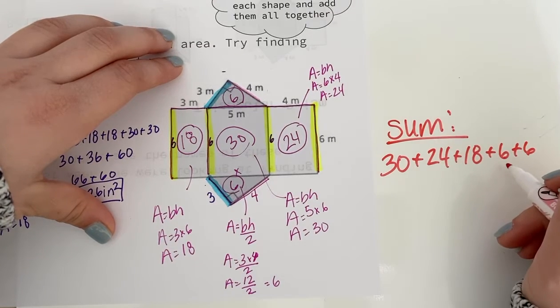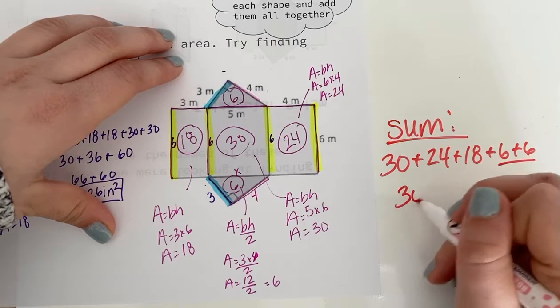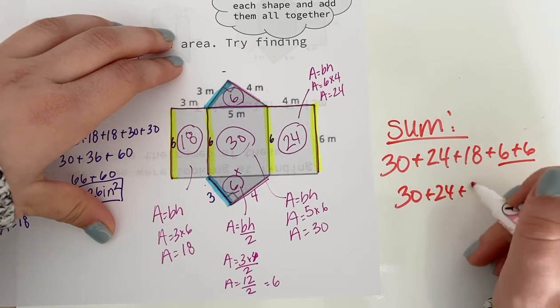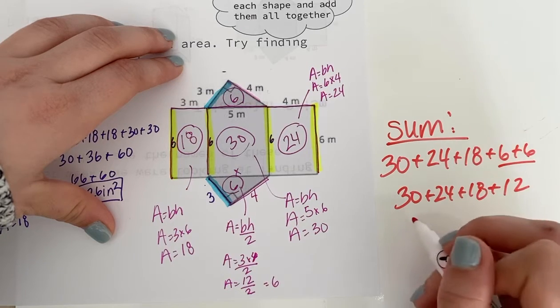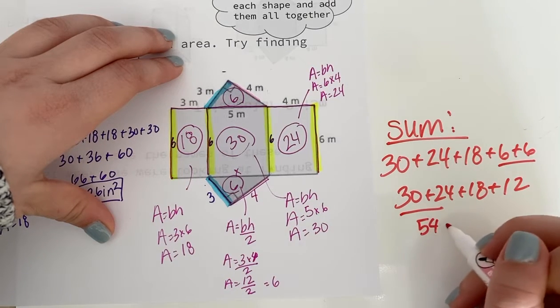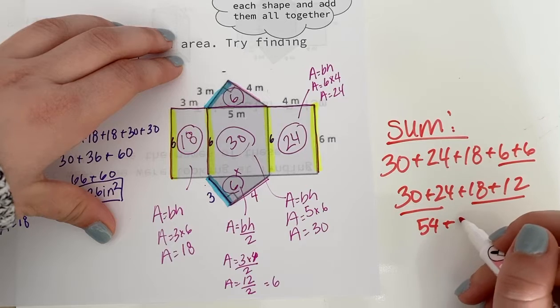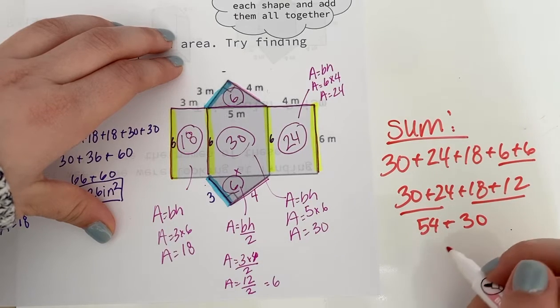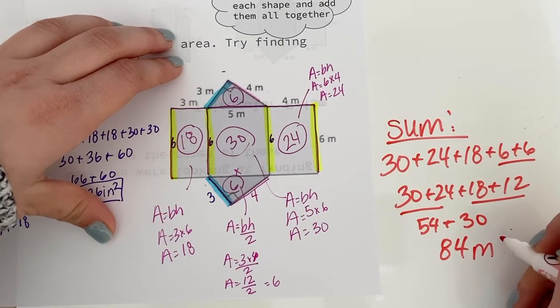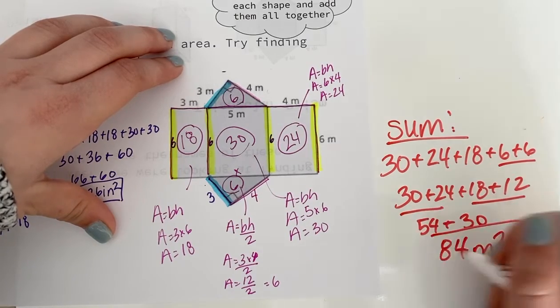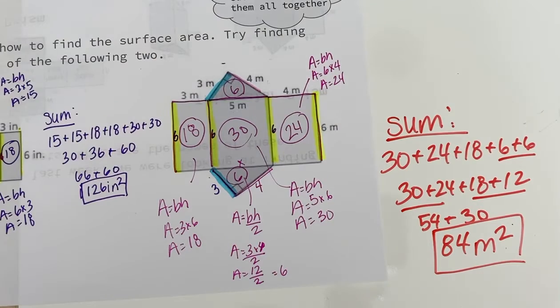So, you know, 6 plus 6 is 12. So 30 plus 24 plus 18 plus 12. I know that these two is 54 plus these two, which are 30. So I have 54 plus 30, which gives me 84, but that's not the answer. It's 84 meters squared. Put it in a nice, neat box.